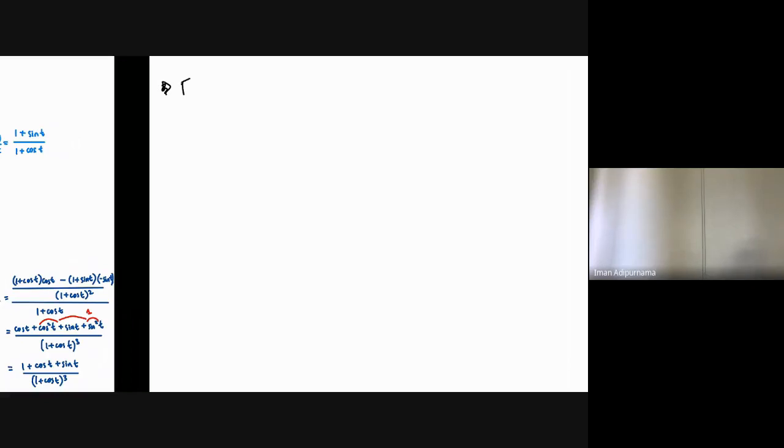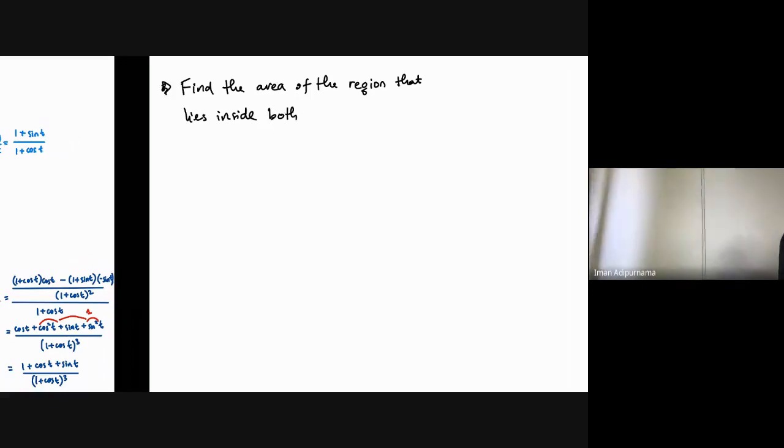Find the area of the region that lies inside both of the circles.